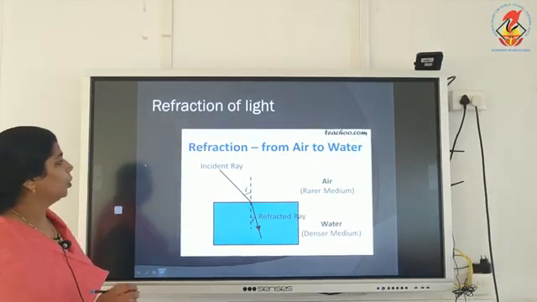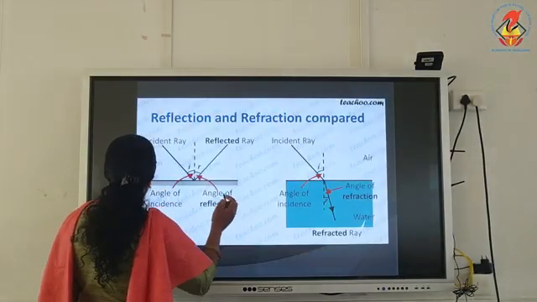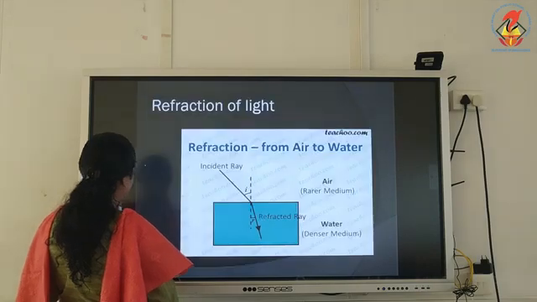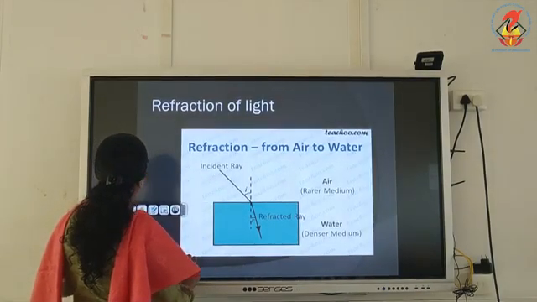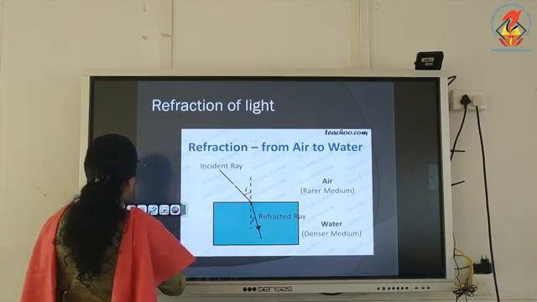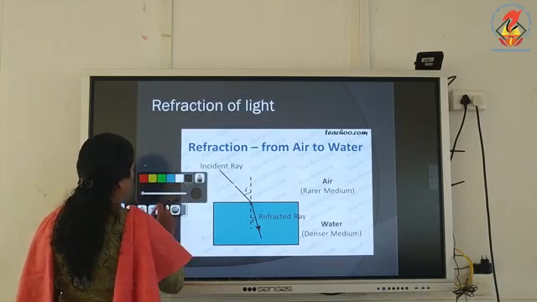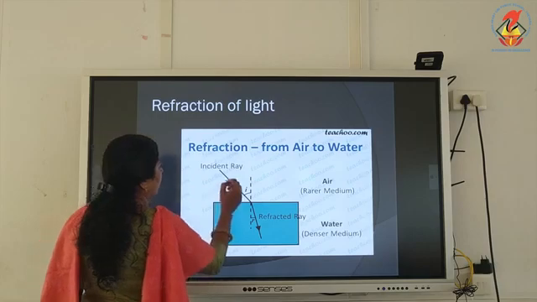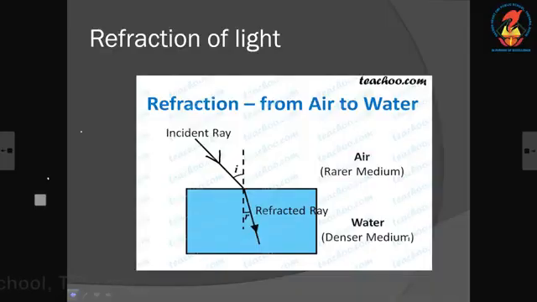Okay, so this one is an incident ray. The ray of light enters from one medium to another.